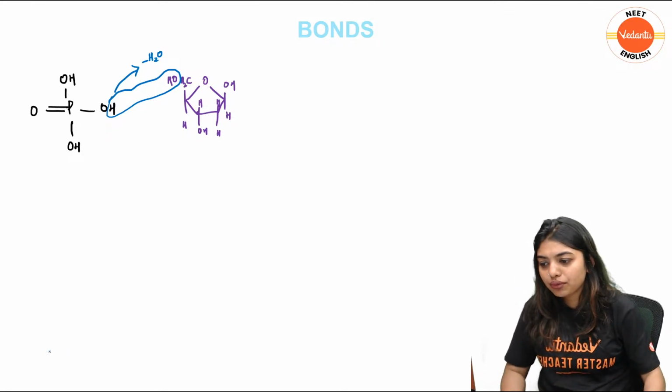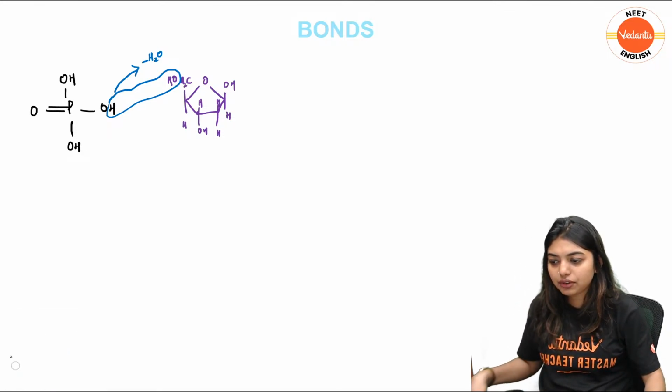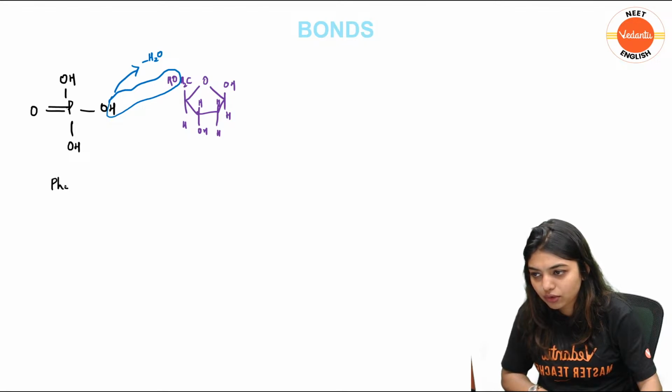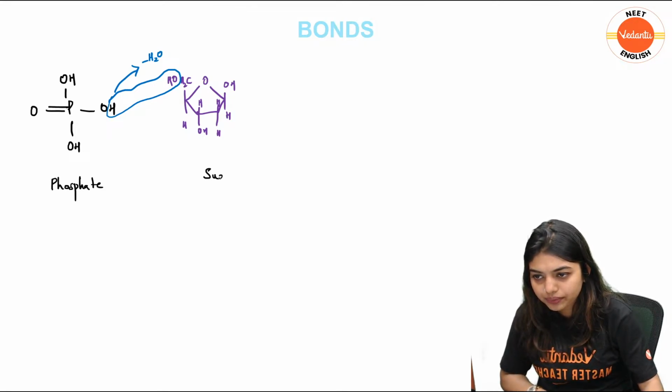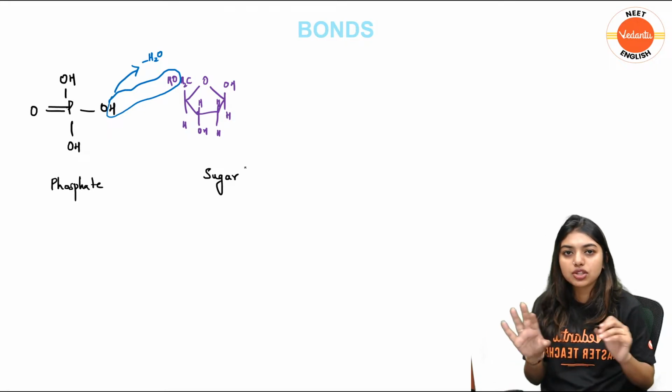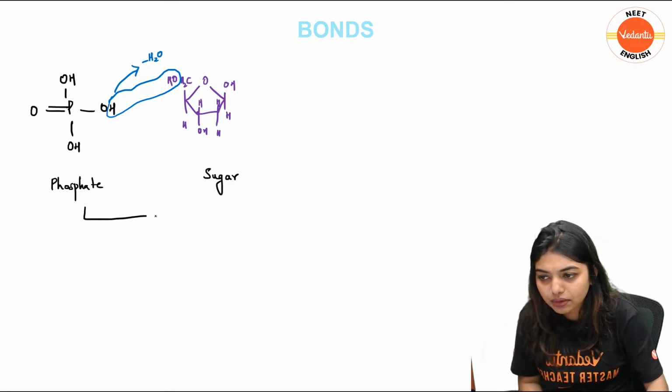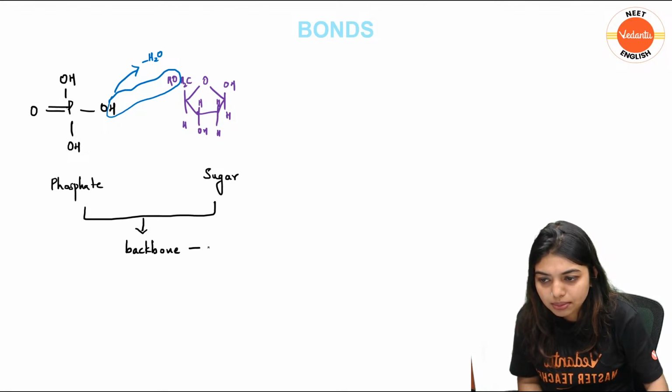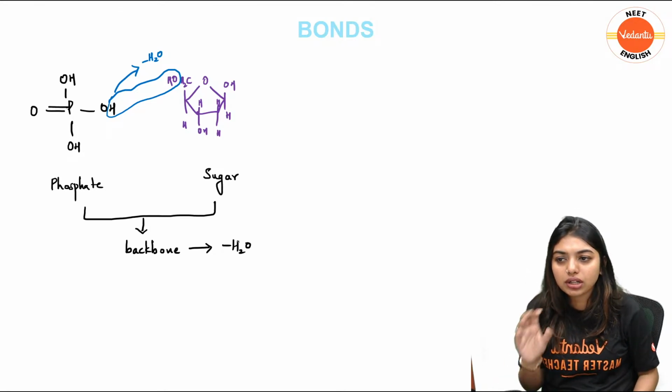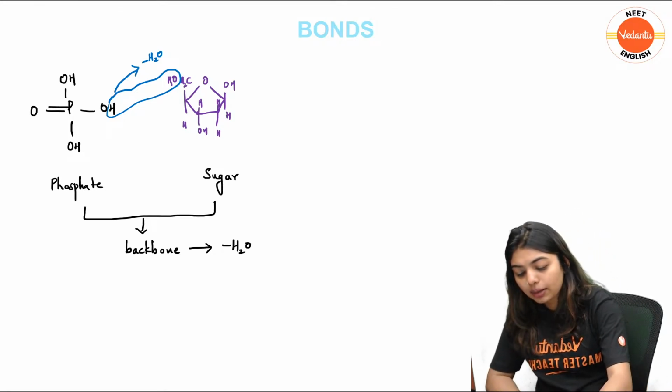Now we will also label what we have written. This is a phosphate, this is a sugar. These two, sugar and phosphate, will form the backbone. So how do they form the backbone? They form the backbone first by losing one water molecule. Is this clear?